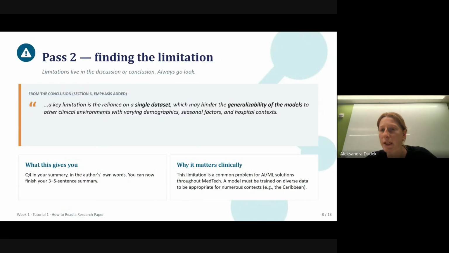But the single data set question of generalizability is very common in AI and ML solutions. Everyone talks about how sometimes AI and ML solutions can be very data hungry, but also they ultimately do need to be trained on something, which is a finite set of data.